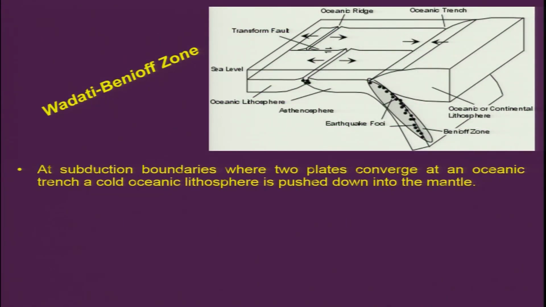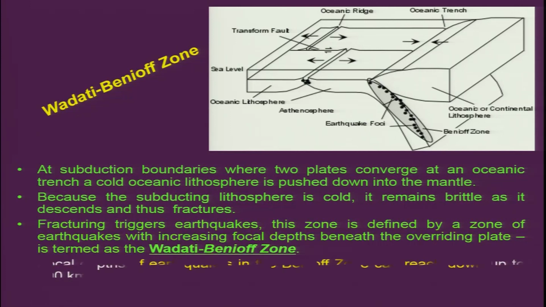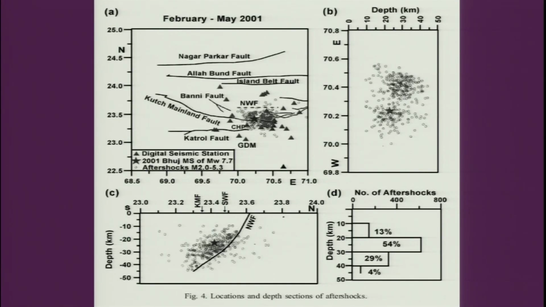So this part we have already discussed, so I'll just move quickly. Locating the fault, in which direction it is dipping and which whole area was ruptured, has been shown in this diagram.